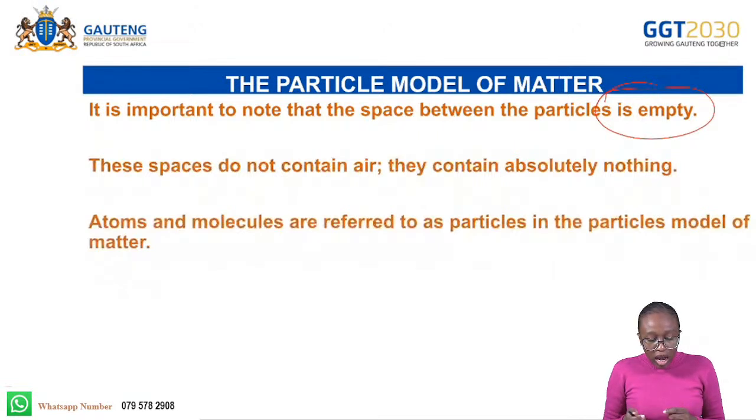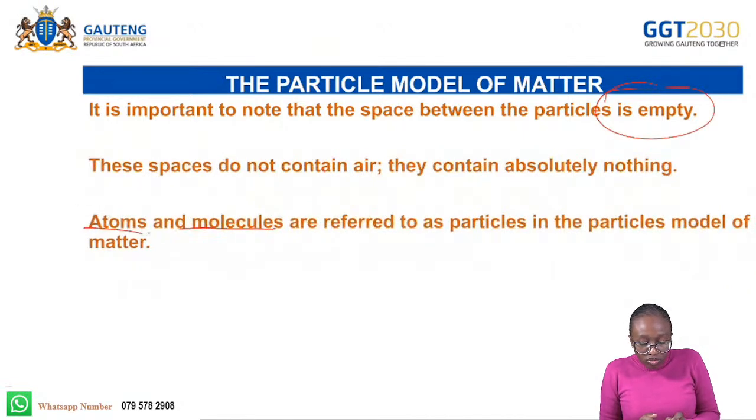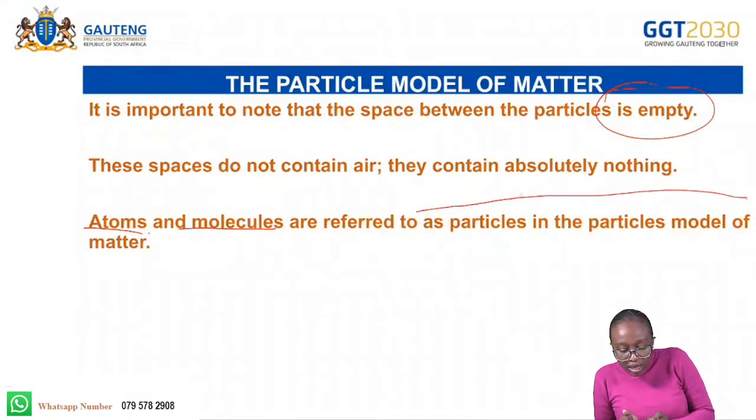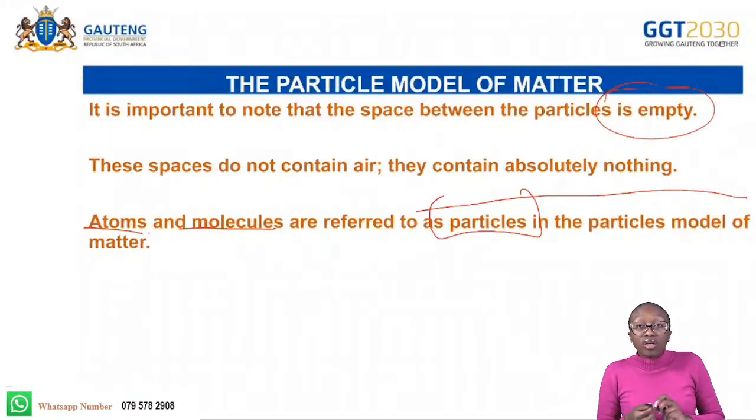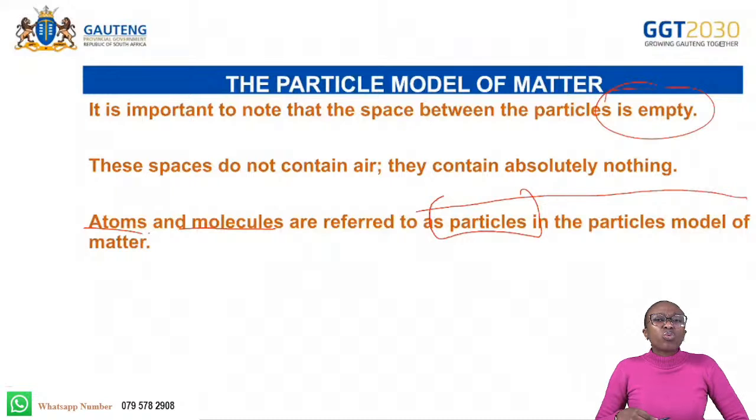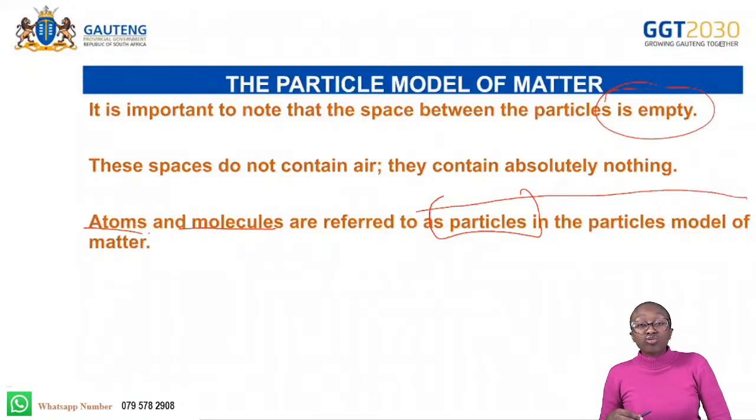Now, one more thing to note. I know we have said atoms are the smallest particle that makes up matter. But from now, atoms and molecules are referred to as particles in the particle model of matter. So don't be surprised when you hear me use the word particles instead of molecules or atoms.